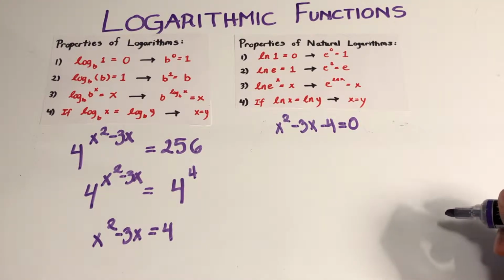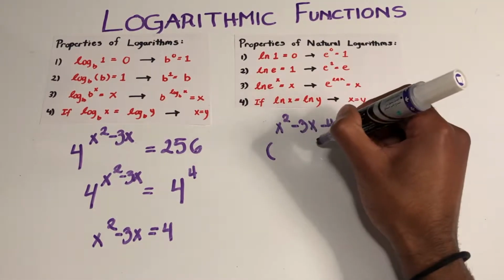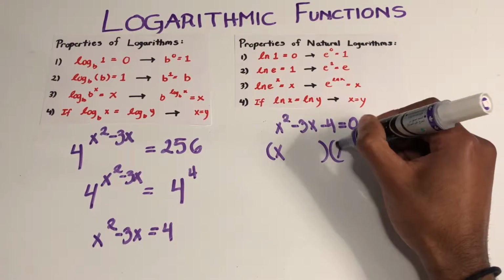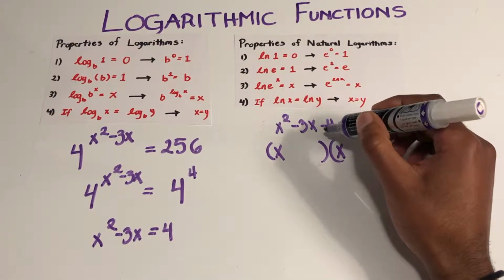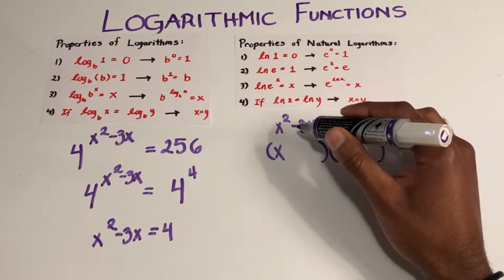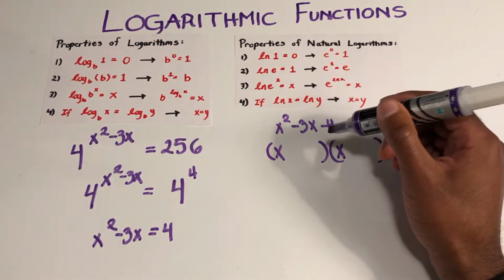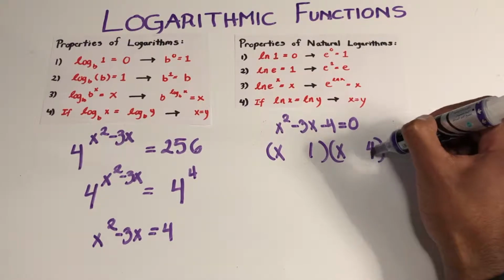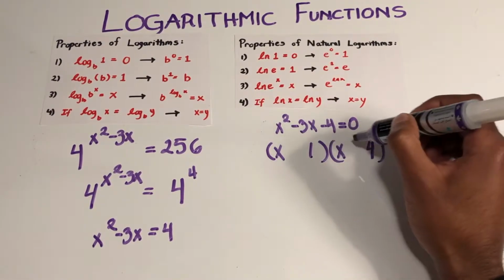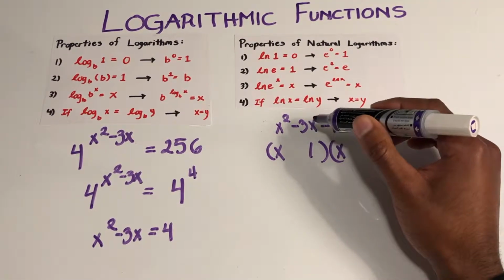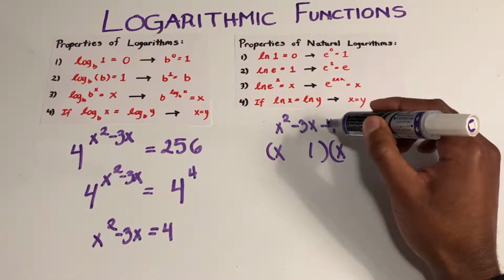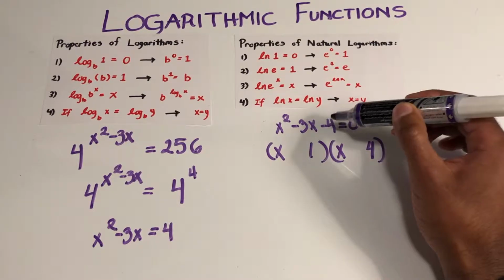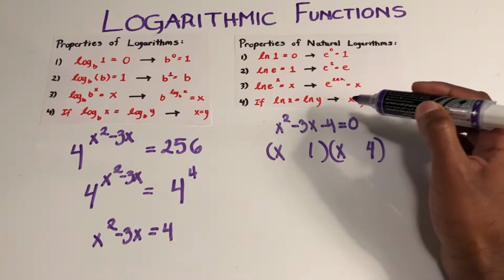Now what two numbers can I multiply that give me negative 4, and if I add, they give me negative 3? Obviously I can think of 1 and 4 because if you multiply them, you get 4, and if you subtract, you get 3. But we want two numbers that if we multiply, we get negative 4, and if we add, we get negative 3.